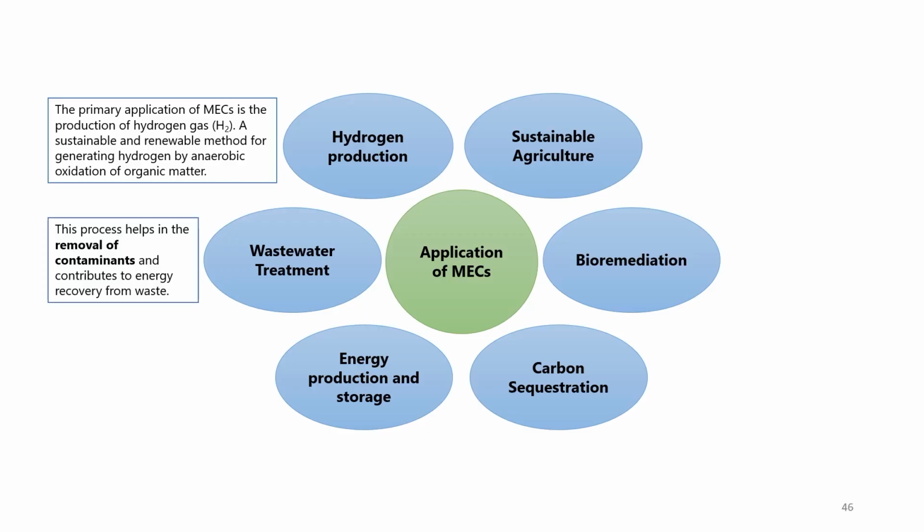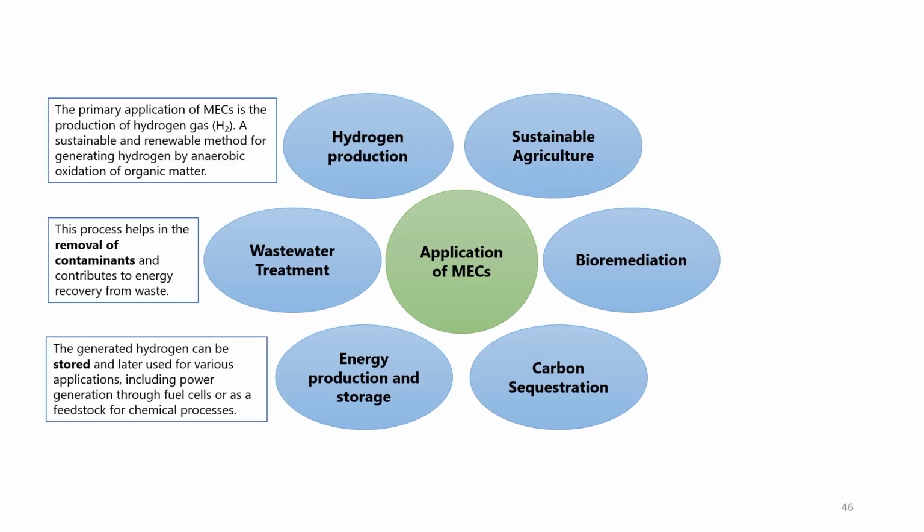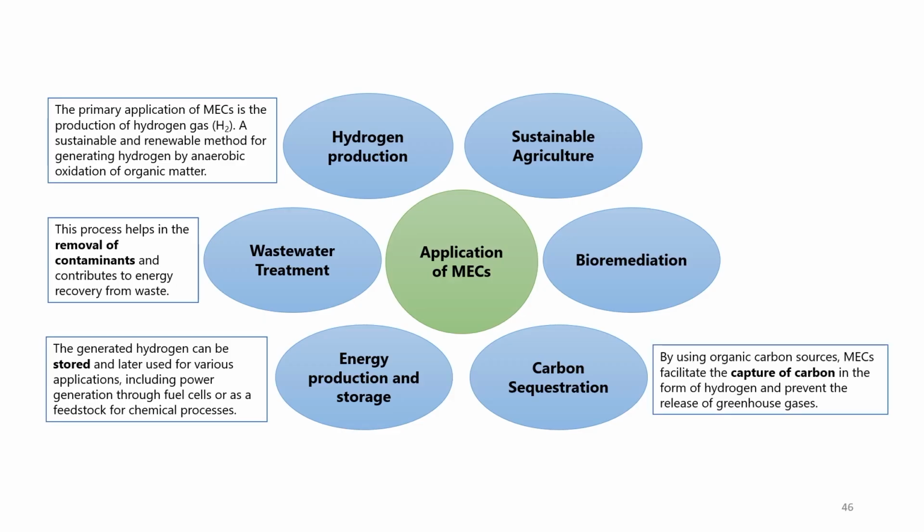It also helps in the removal of contaminants and contributes to energy recovery from waste, thereby converting waste into wealth. The hydrogen generated from this process can be stored and later used for various applications, including power generation through fuel cells or as a feedstock for chemical processes.